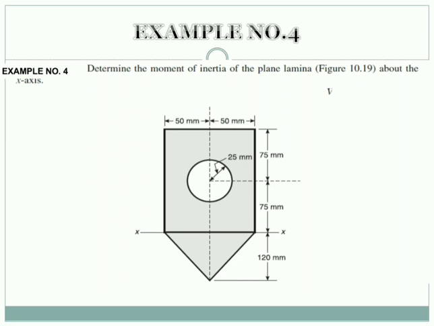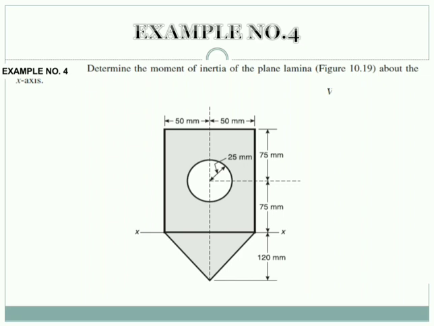The rectangle and the triangle are shaded with grey, whereas the circle is not shaded, as that circular portion is a cutout section. I think we have solved cutout section problems in center of gravity examples. In that, we used to take the area as negative. The same principle we follow here, nothing changes. The area of the circle has to be taken as negative.